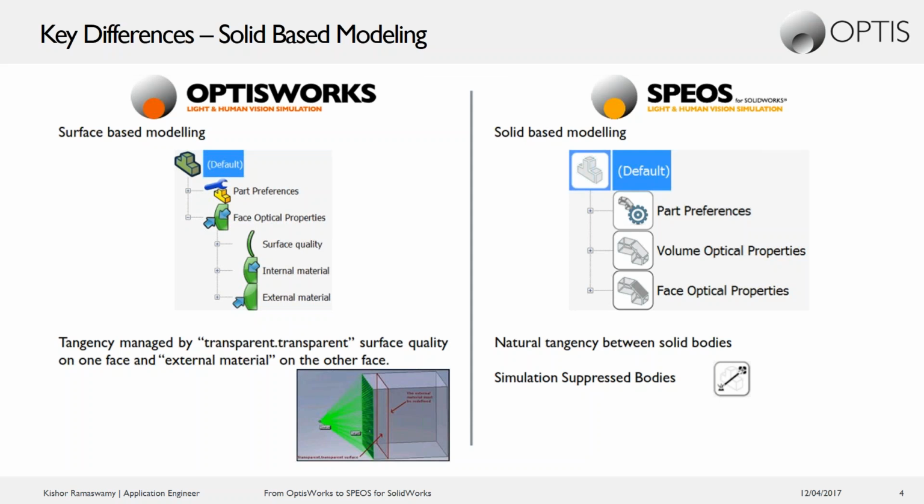With the new version, you can have a single part containing several bodies, and each body will be given its own set of volume optical properties and surface optical properties. The interface is more or less kept the same. The main differences are things like you see here on the screen, where the names of the properties have changed from internal material and external material into volume optical properties and surface optical properties.